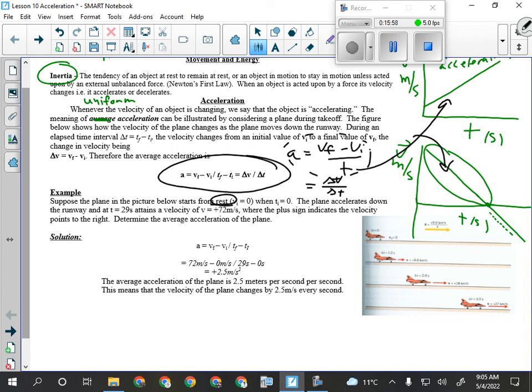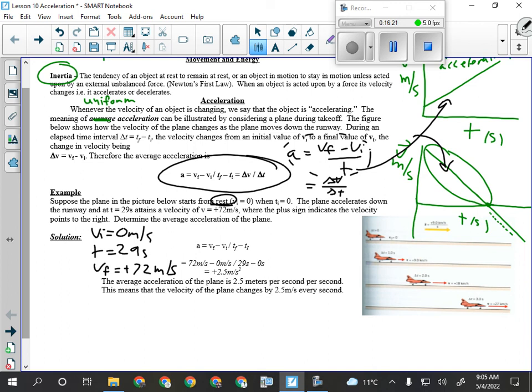In this situation, the car starts from rest, so we know that VI equals 0 meters per second. We know that happens at a time of 0. The plane accelerates down the runway, and 29 seconds later, it is moving at positive 72 meters per second.